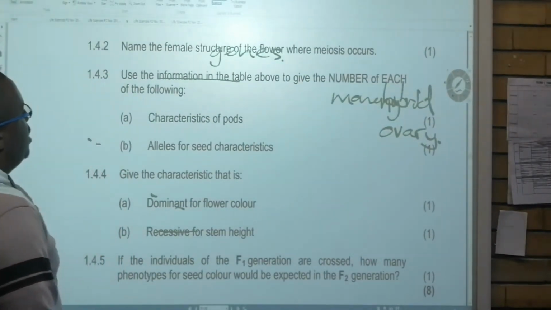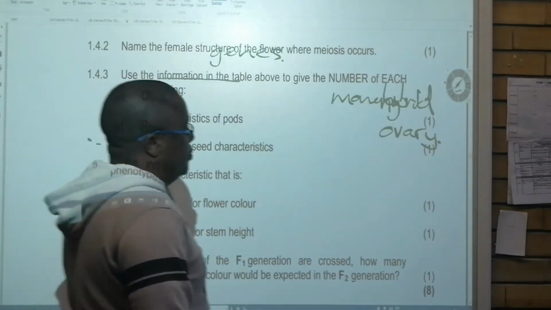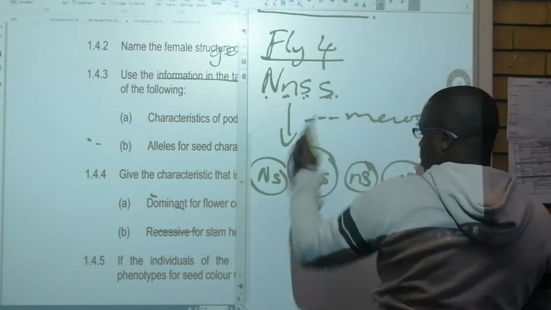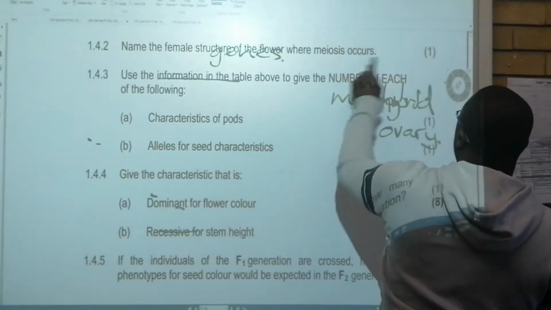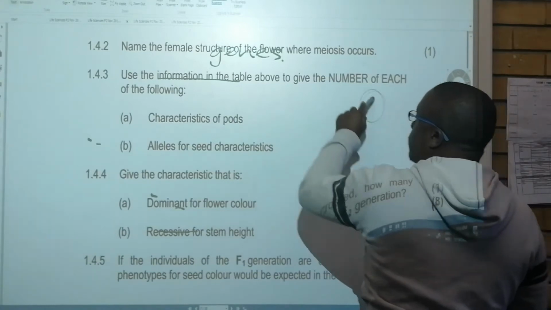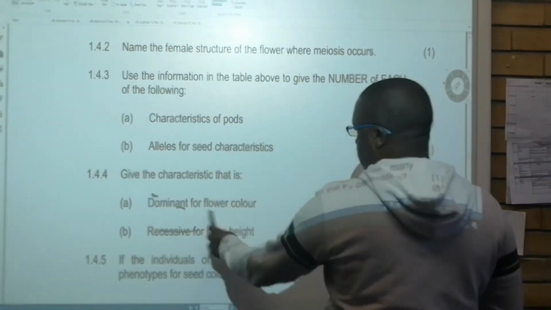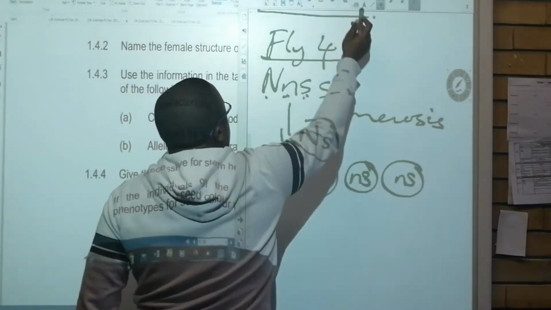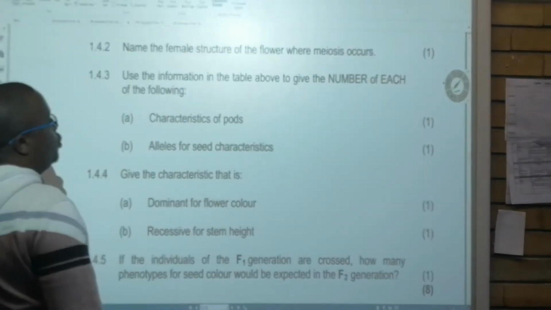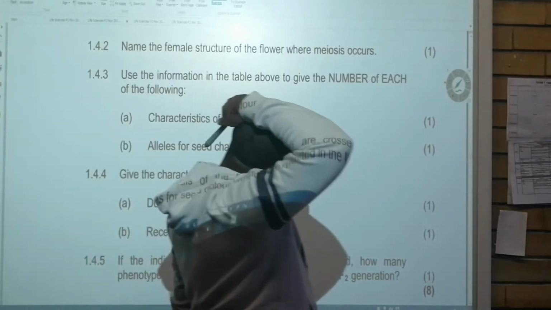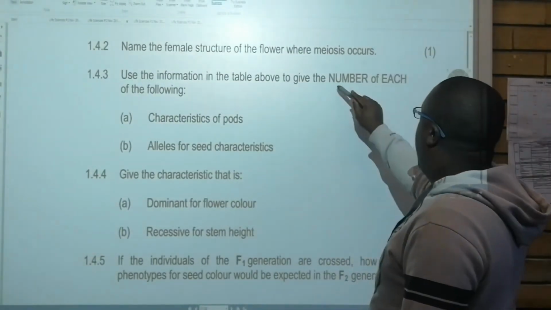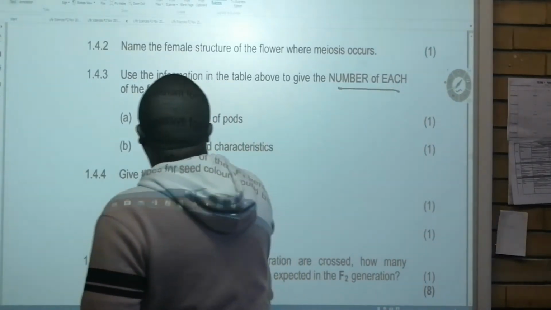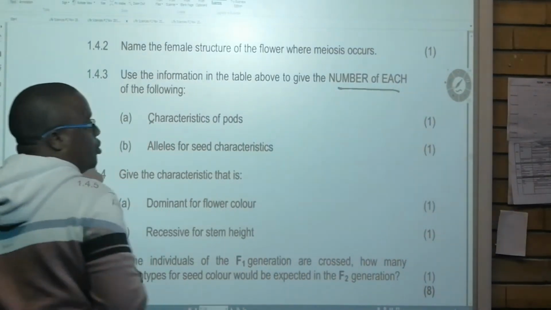Use the information in the table above to give the number of each characteristic of pods.